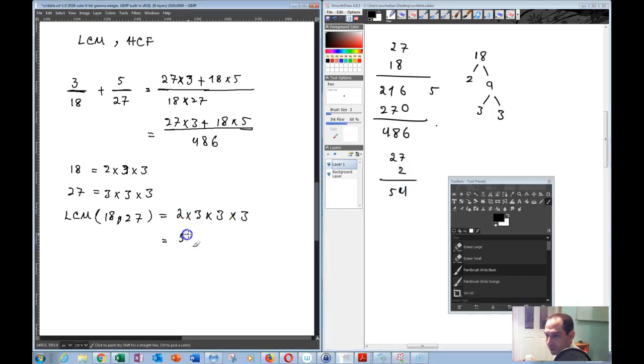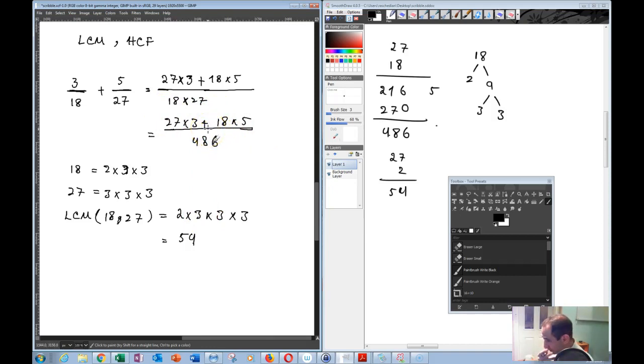Okay. So now you can imagine that compared to 54, 486 is of course a very large number, and you don't need this large number over here, because at the end of the day, when you get a fraction, you want to simplify it to get the simplest form of the fraction.